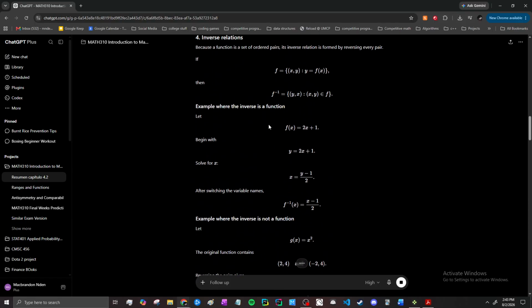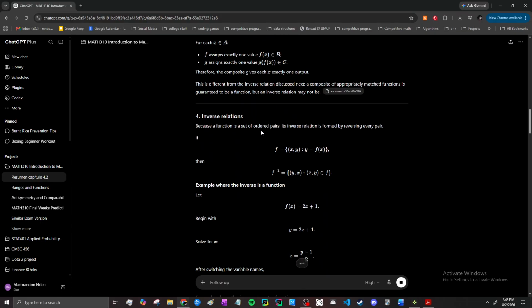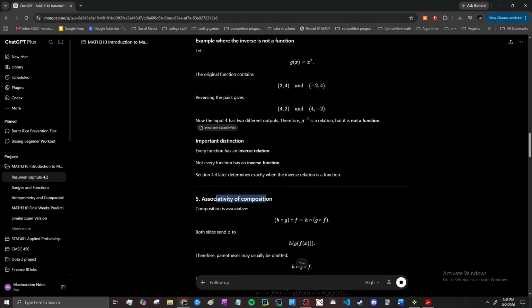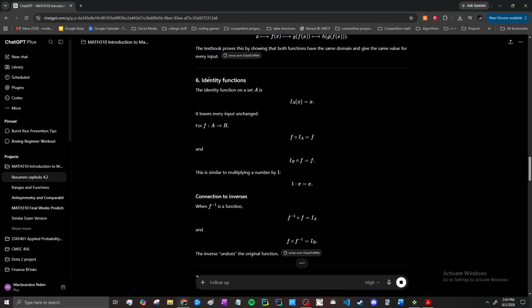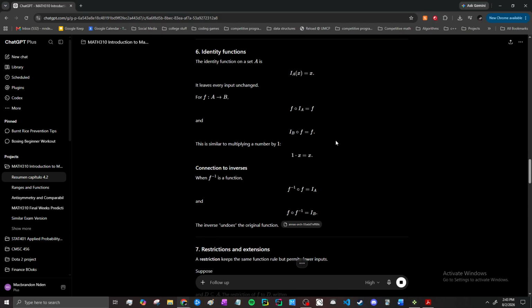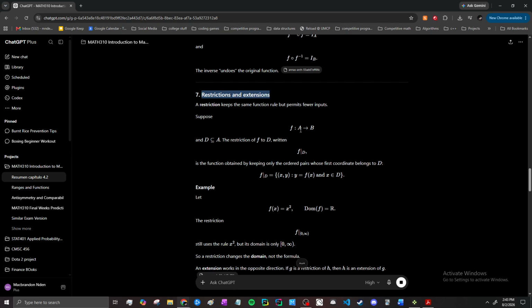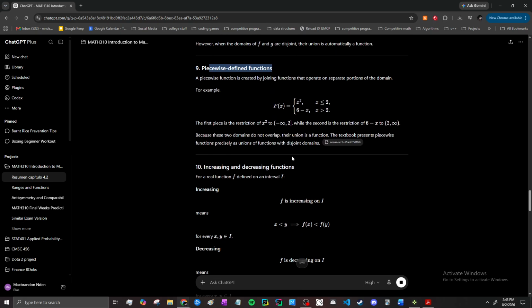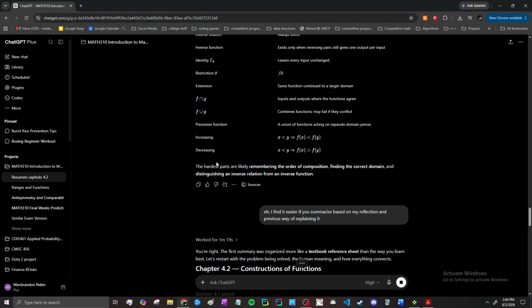So we're talking about compositions, inverse relations, then associativity of composition, and identity functions. Restrictions and extensions, unions of functions, piecewise defined functions, increasing and decreasing functions. So we're going to give it the properties, I guess.